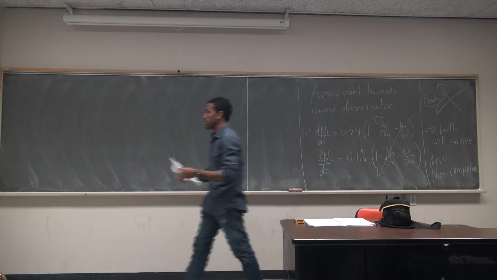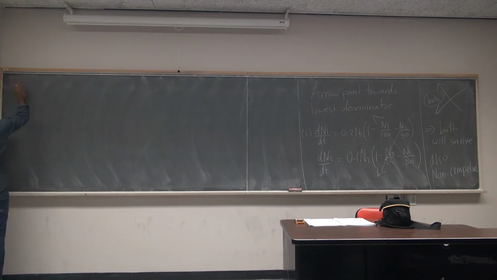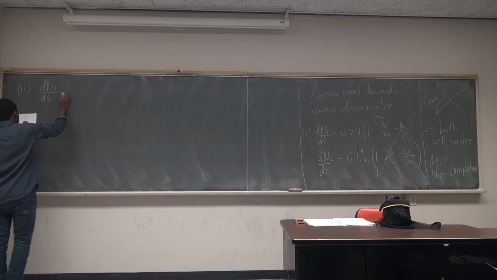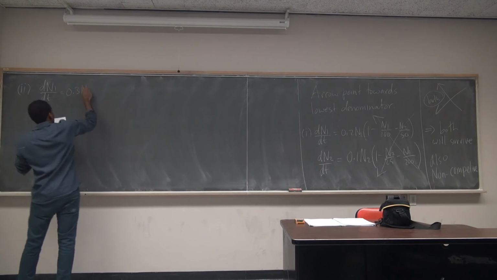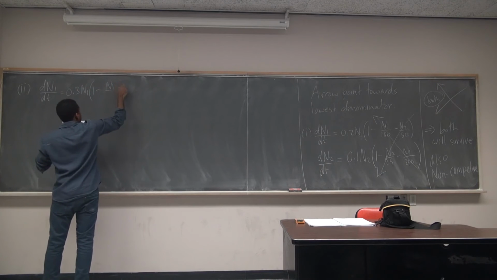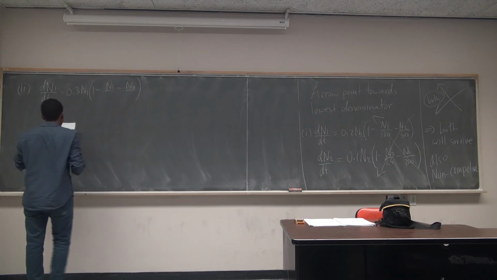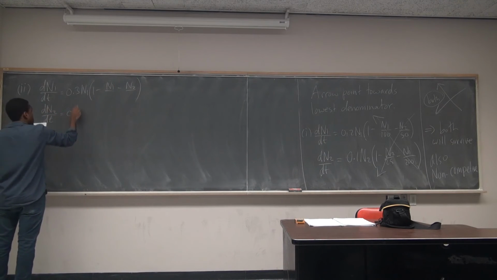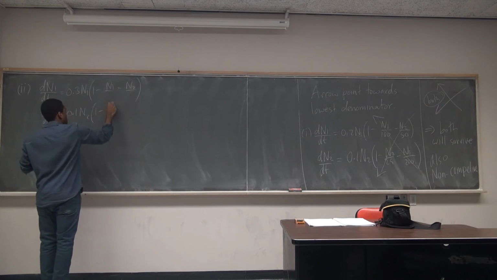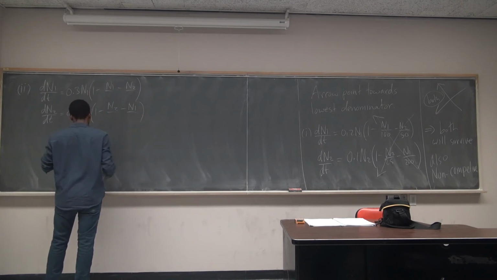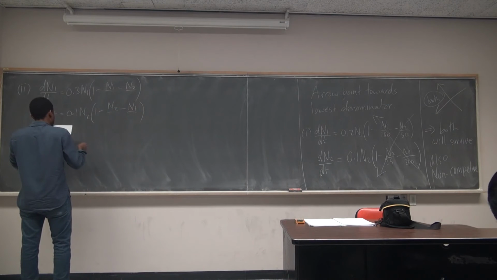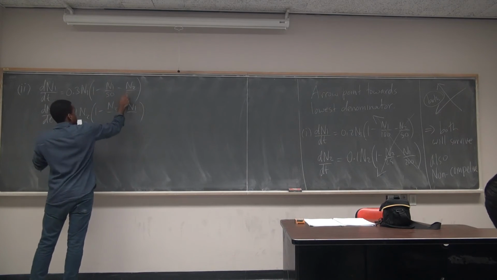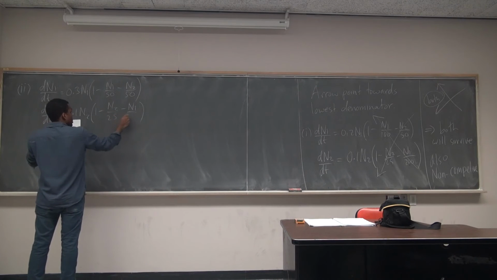You can answer part A by Lowe's method. dN1/dt equals ... 0.3 and 1. So in part B, I had 15, 50, and 25, 20.